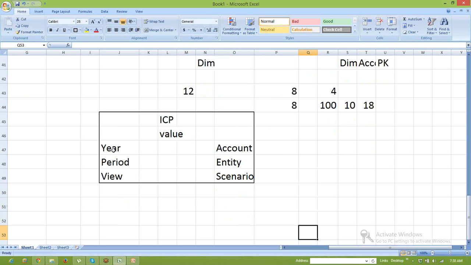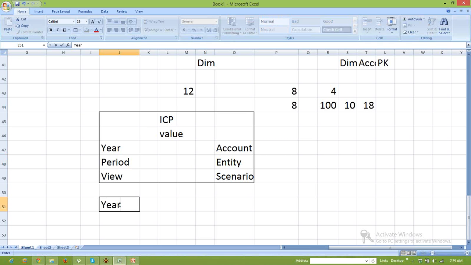Here, the number of years that we are maintaining, we can define by using the year dimension, and the period dimension we use to define your period hierarchy. Say for example, you know this one, right?